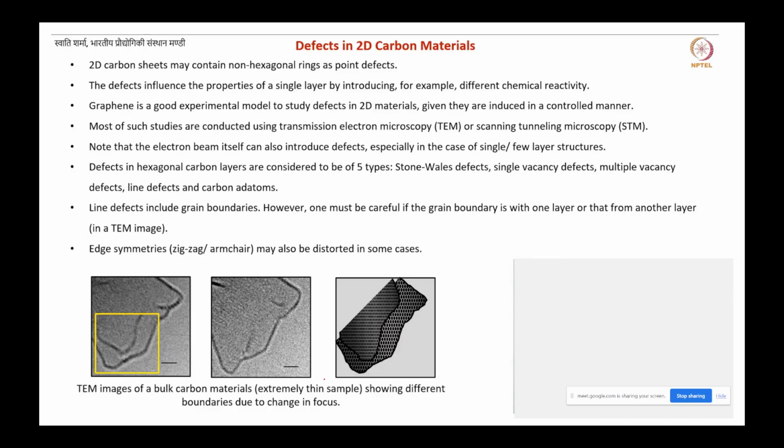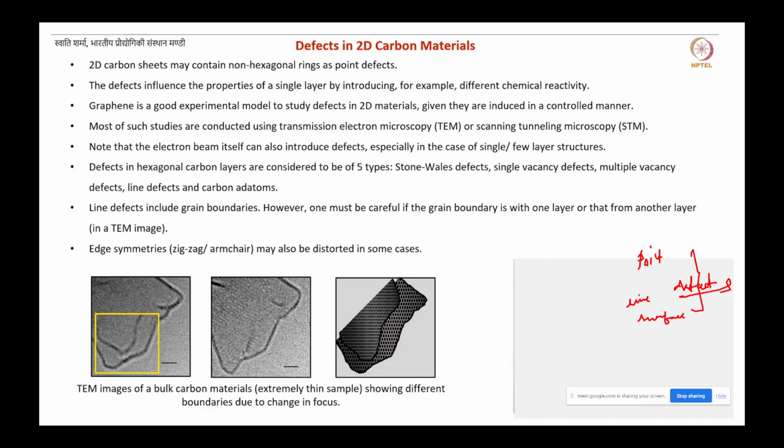As we all know, in the general concept of defects we have seen point defects, line defects, and surface defects. If you do not know the concept of defects, you can refer to any introduction to material science book, where you can find them.